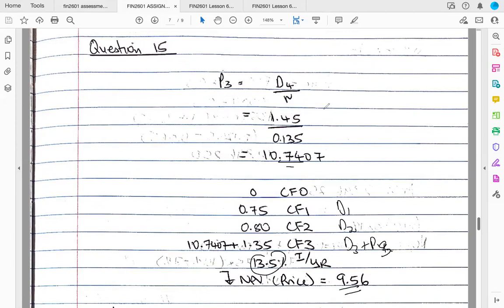The whole idea is that we had D1, D2, D3, and D4. We were given these dividends, and then we used the last dividend to get P3, and then we discounted. And remember, the first cash flow is always D1. We don't use D0 when we're actually discounting to get the price. Okay.